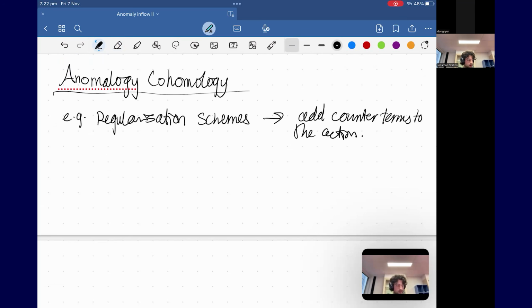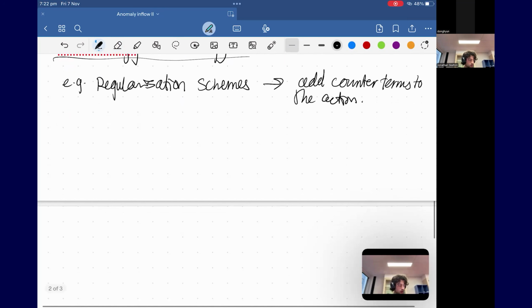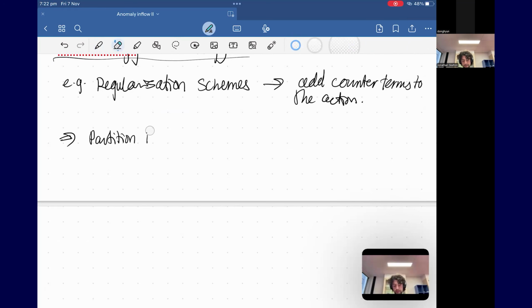and then this implies the partition function is subject to a regularization scheme ambiguity.